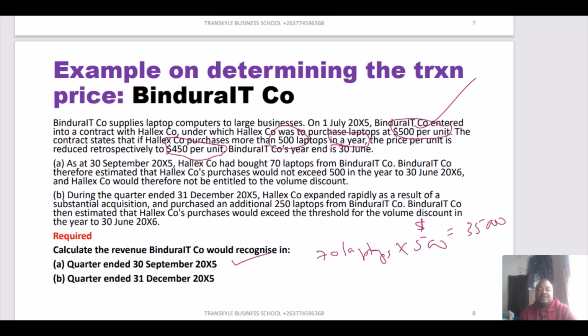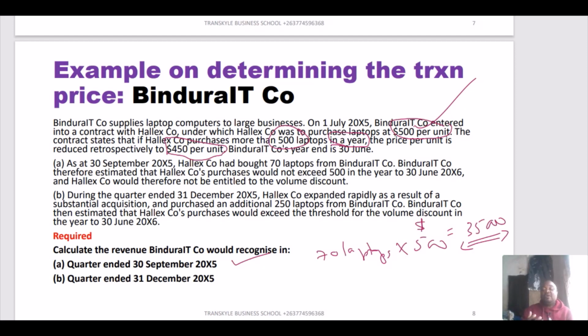Let me confirm with my calculator to see if I've done it correctly. 70 multiplied by 500, yes, 35,000. So at the end of this quarter, we recognize revenue of 35,000.